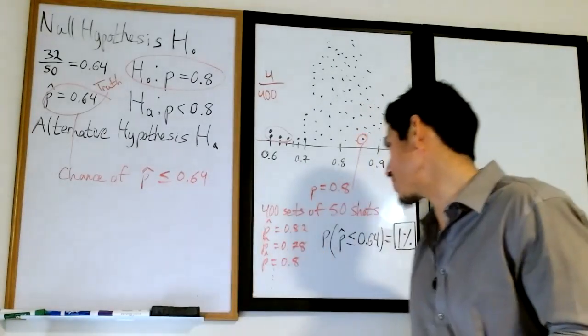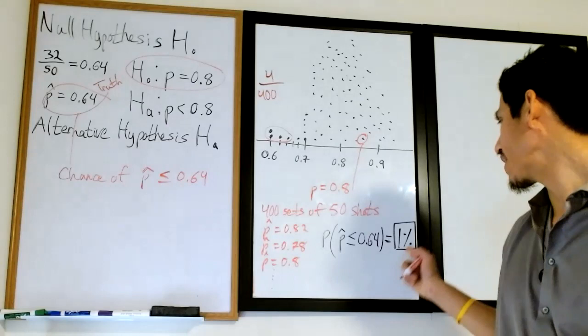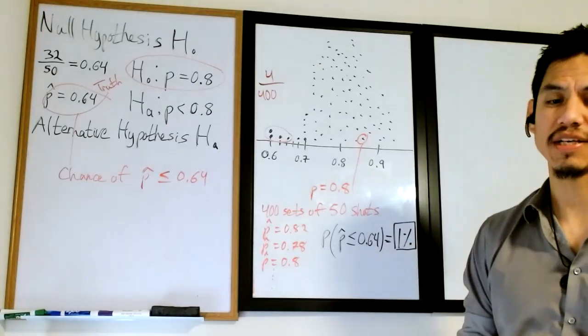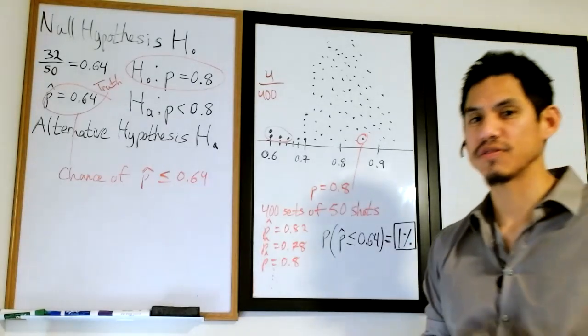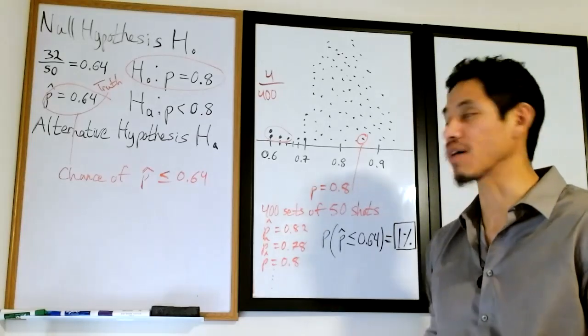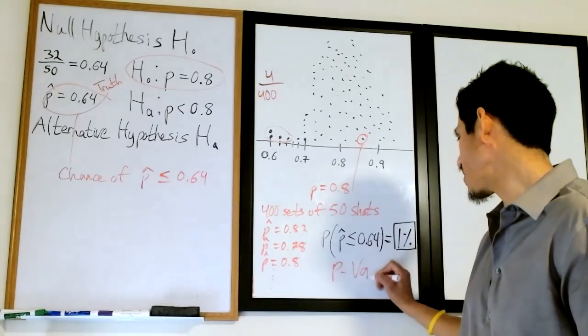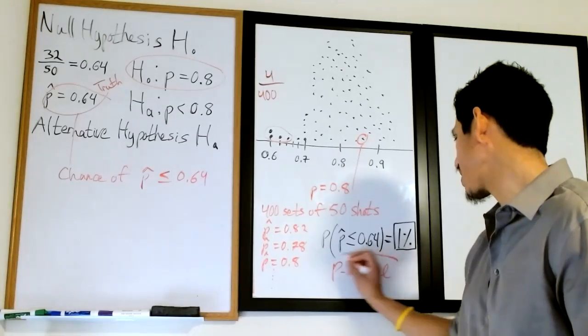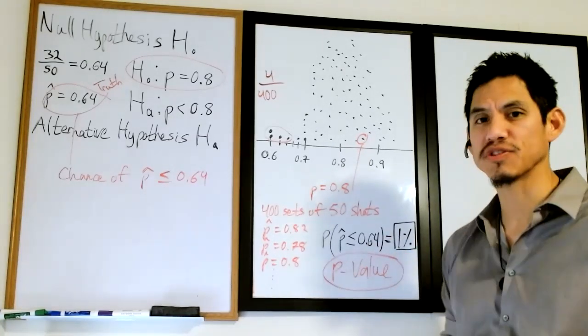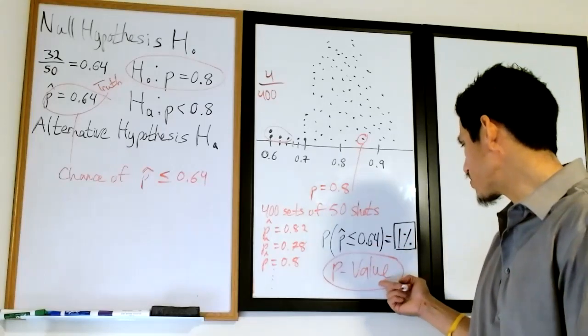And based on our simulation, the chance of that happening is only 1%. So that's what we call our p-value. We got a p-value of 1%. And our p-value is low enough.